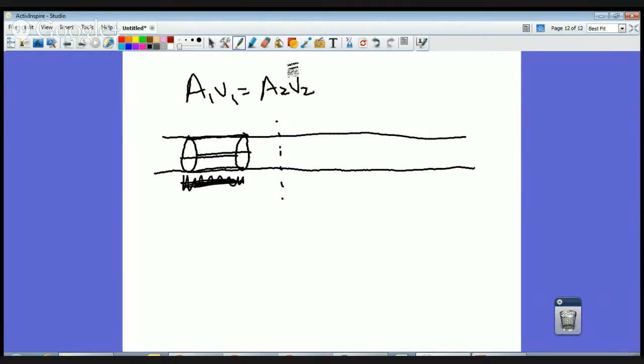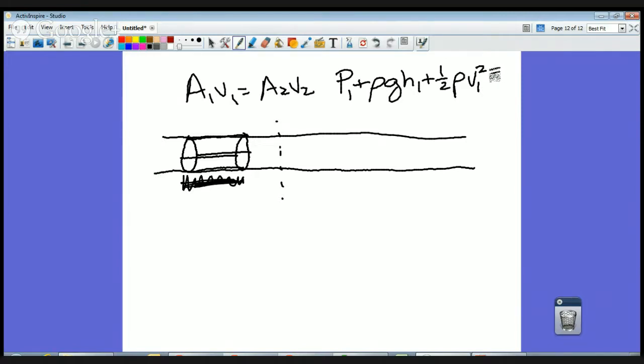So if you combine this and Bernoulli's equation, you can solve problems where things change height, where hoses change diameter, things like that. So remember, Bernoulli's equation says that the pressure at a certain point plus the density times g times h at a certain point plus 1/2 the density times the velocity squared at a certain point will be equal to some constant.